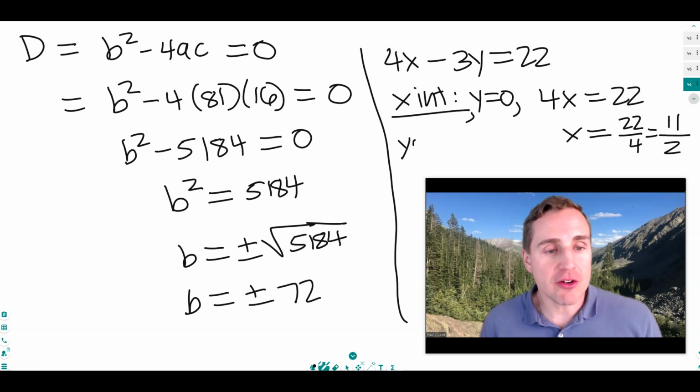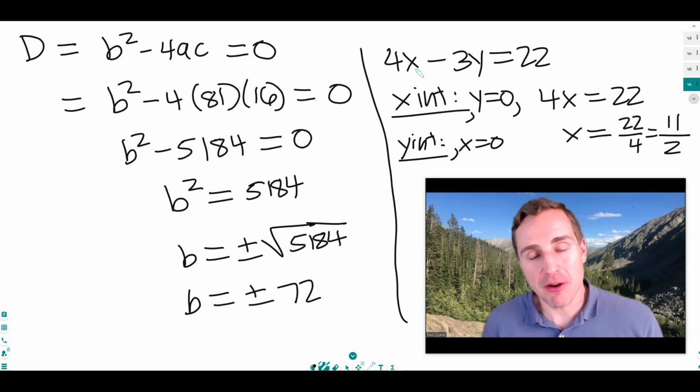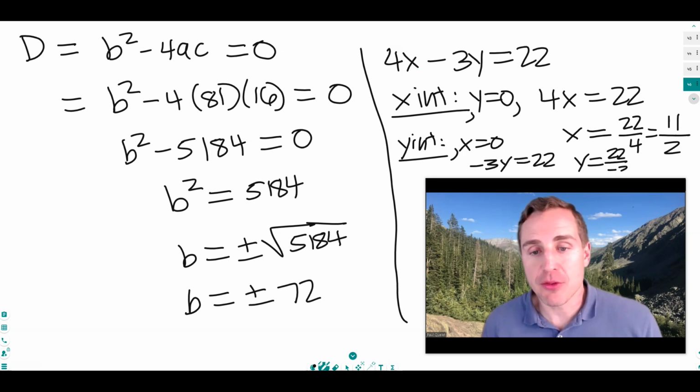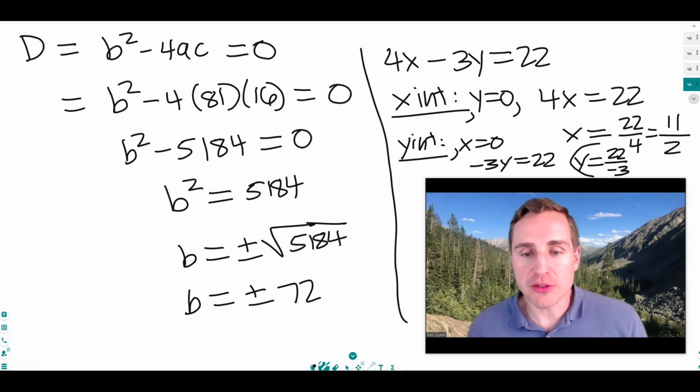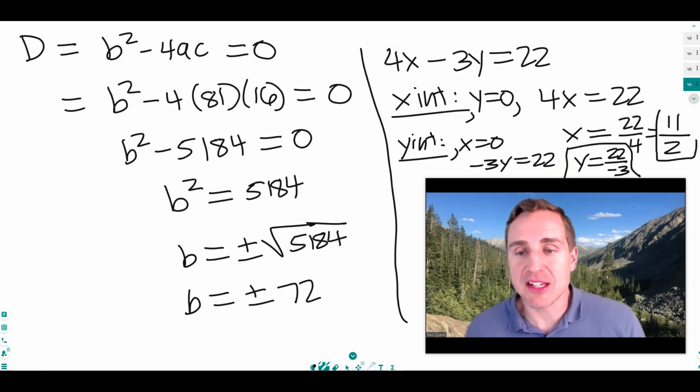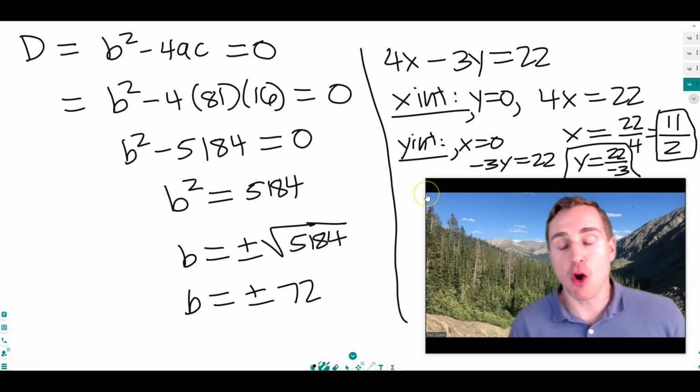Then how about the y-intercept? Well, again, that's just going to be when x is equal to 0. So if you put x equal to 0 in there, you're just going to get negative 3y equals 22. Divide by negative 3, y is equal to 22 over negative 3. We've got these two values. So what we need to do is think about which of these is going to give the greatest overall value.